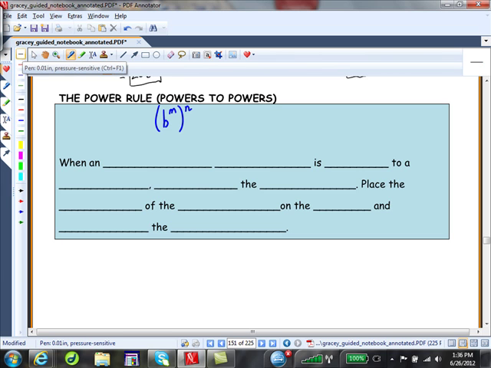Suppose we let our base be 3, and suppose that 3 is being squared. And then suppose that this expression is going to be cubed. Actually, I don't want to repeat any numbers, so let's raise it to the 4th power. Okay?